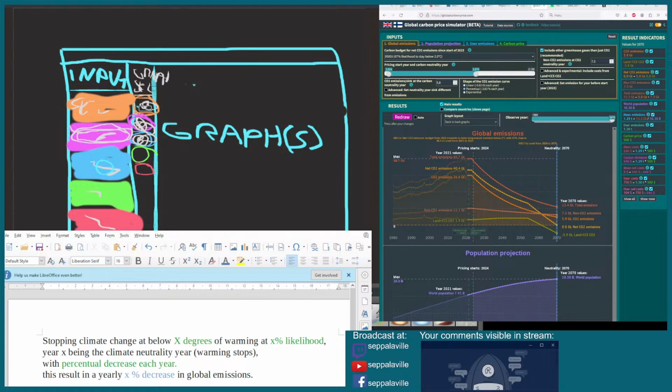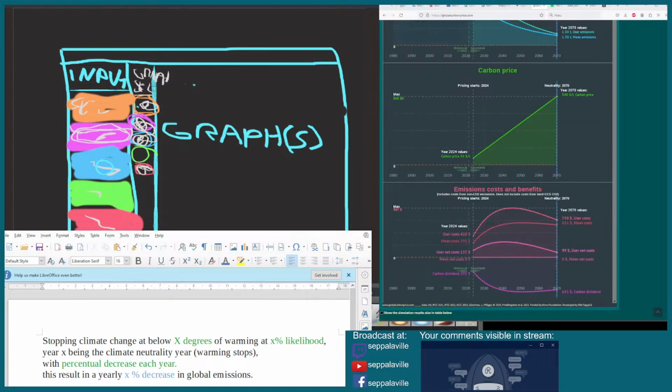Okay, I'm going to choose emission costs and benefits now, because that's very much affected by your user's cost here, $750. That's very much affected by choices in this individual emissions selection, and you want to see how this affects that graph.